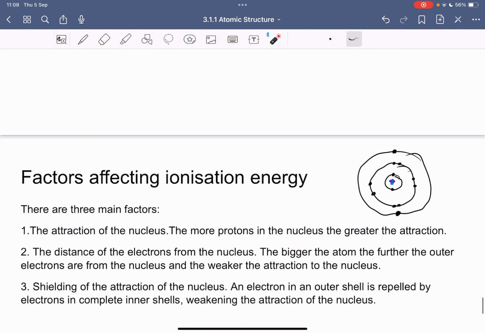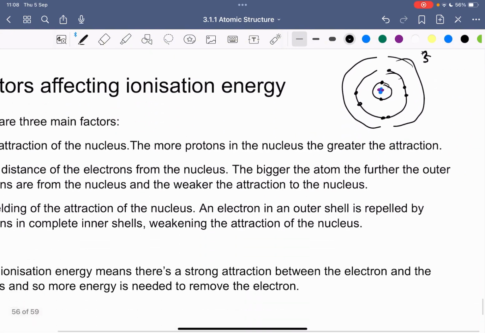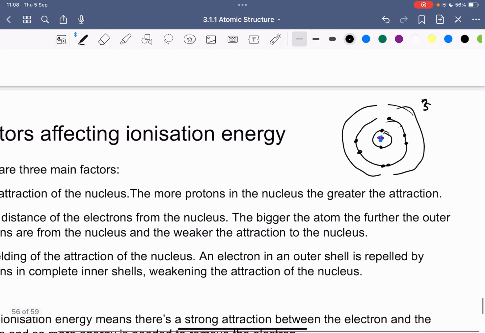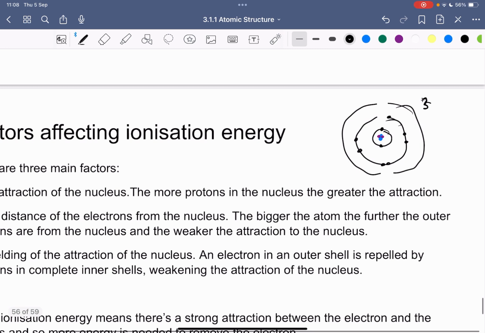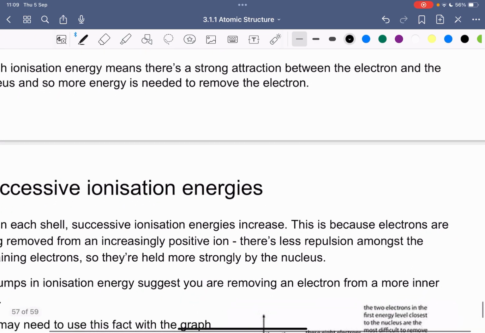Because let's say I remove this electron, the ion is now +1. If I remove it from here, it becomes a +2. If I'm removing this one now, it becomes a +3. So the more electrons I remove, the more positive the ion becomes. And that makes it harder to remove electrons, because since the ion is positive and the electrons are negative, there's a stronger attraction. So it gets harder to remove.